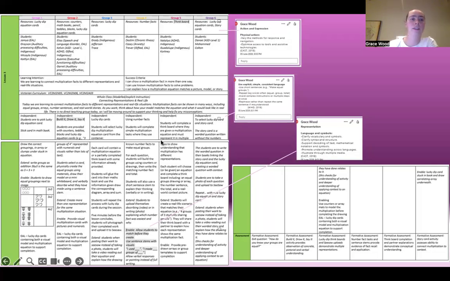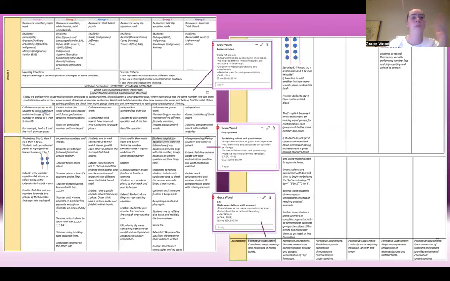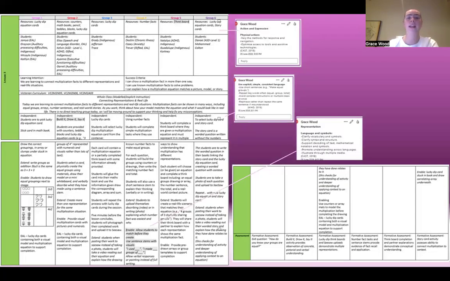And that is reflected in the learning intentions and success criteria. How I've gone from the learning intention of lesson one, going from learning and recognizing to learning to solve to creating my own.